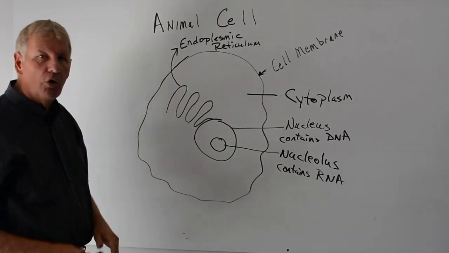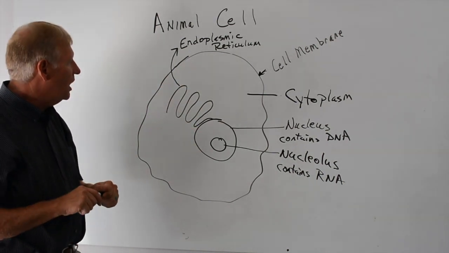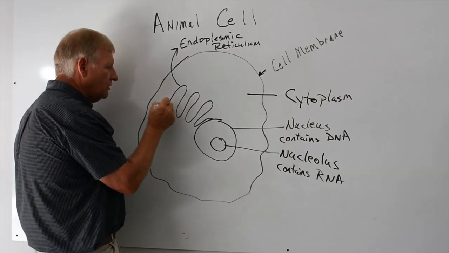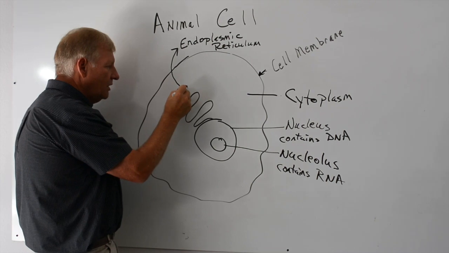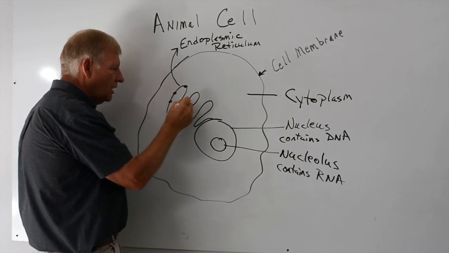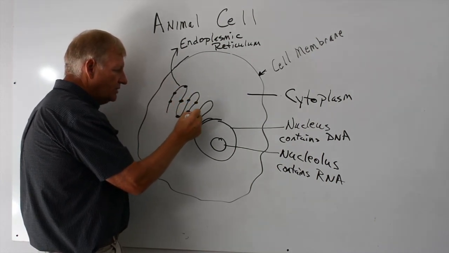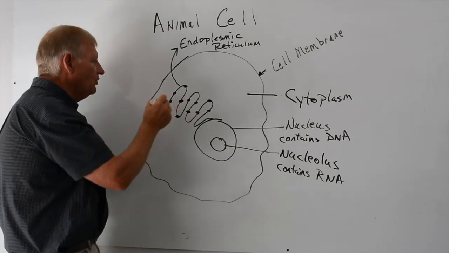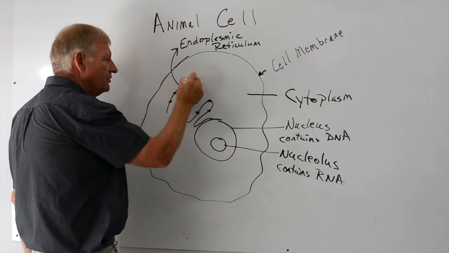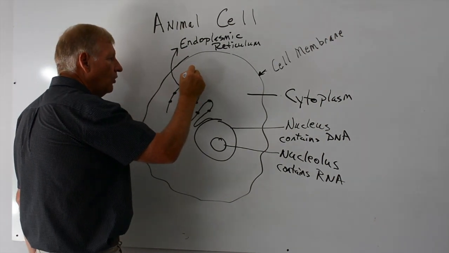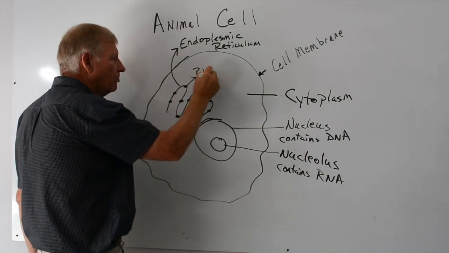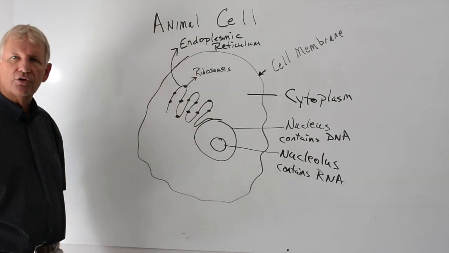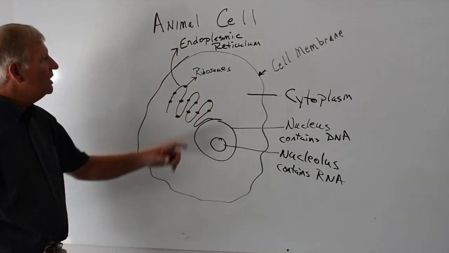Well, what does the endoplasmic reticulum do? We've got little dots on here, and these little dots themselves are called ribosomes. So it's kind of interesting.